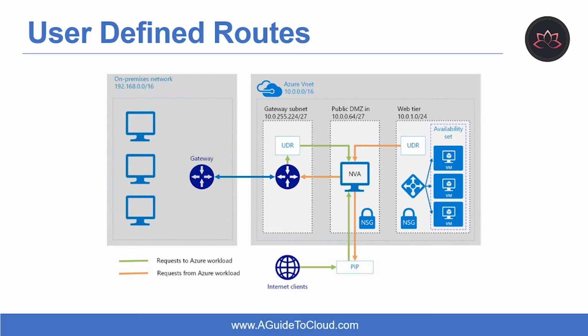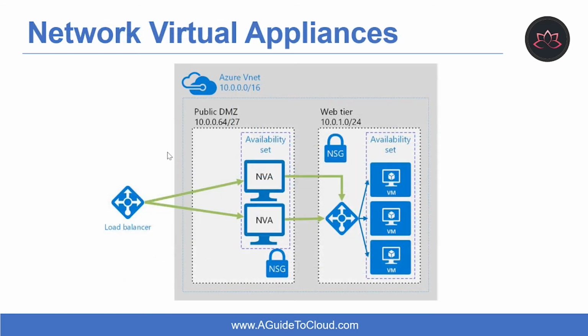Each subnet can have zero or one route table associated with it. If you create a route table and associate it to a subnet, Azure either combines its routes with the default routes that Azure adds to the subnet or overrides those default routes.